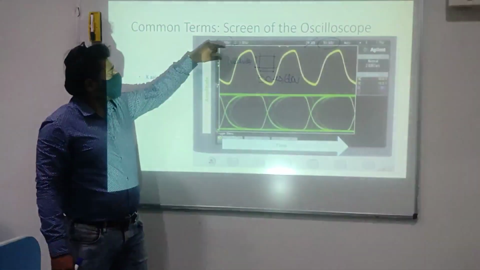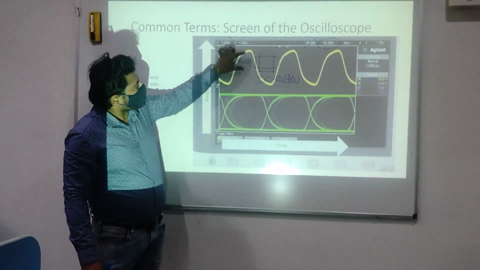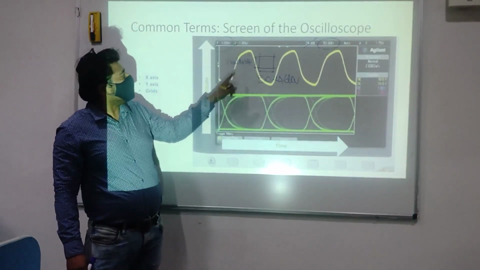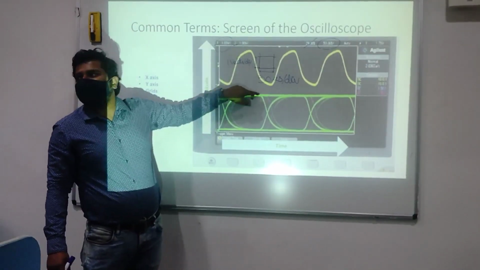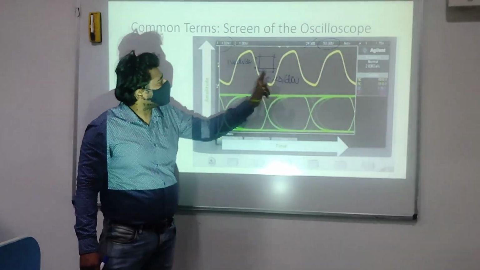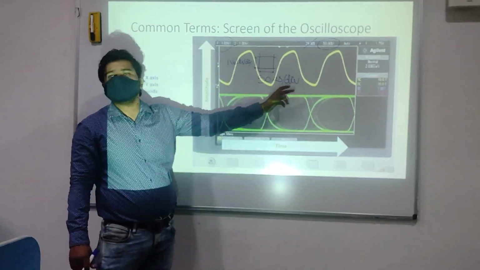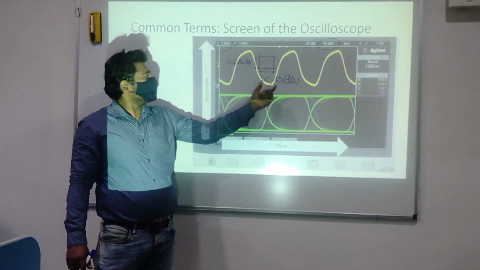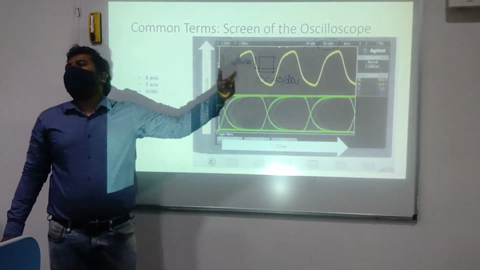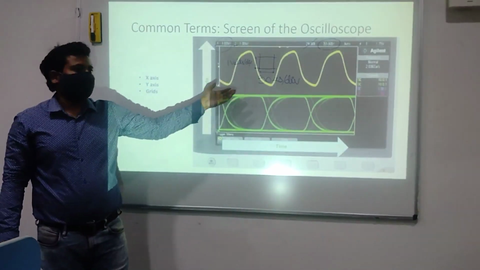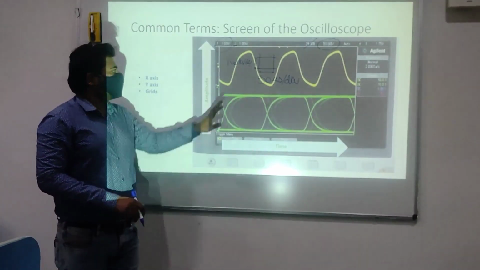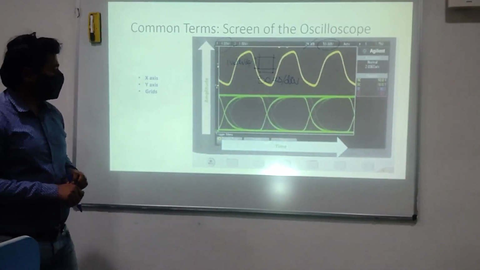Based on the number of grids, I can measure the amplitude of my waveform, and based on the time axis, I will compute the time period or the frequency of the signal. That is why these grids are helpful.